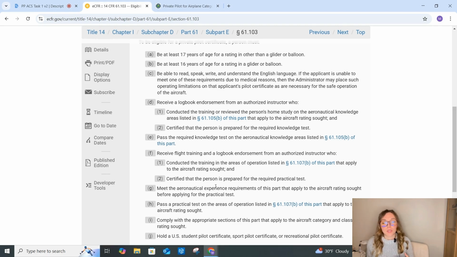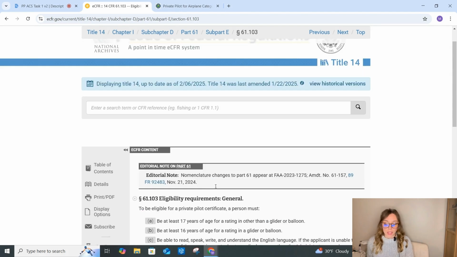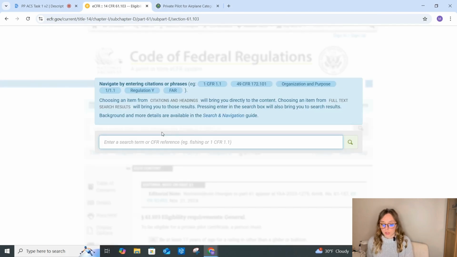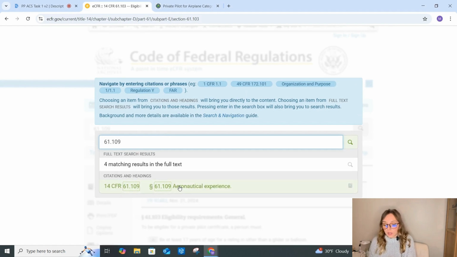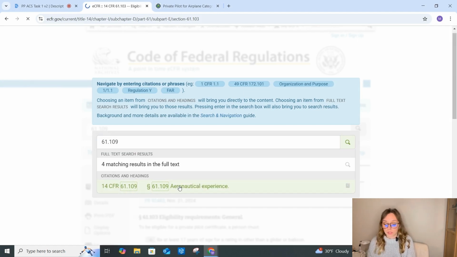Things that your logbook asks you, how many hours did you get in different categories to show that you're sufficient in the different areas of flying. So we will go to 61.109, which is related to your aeronautical experience.